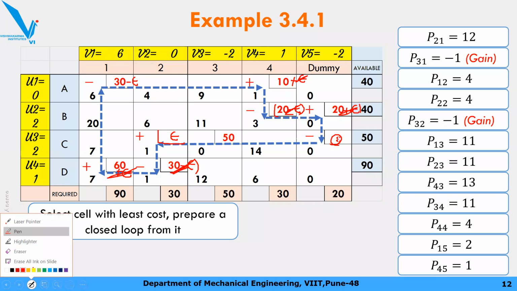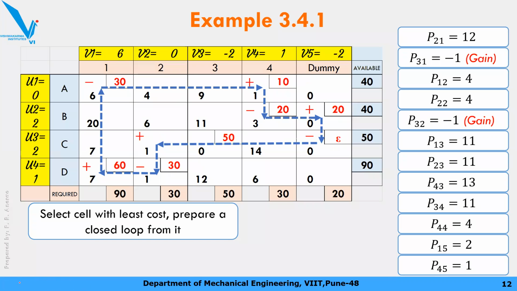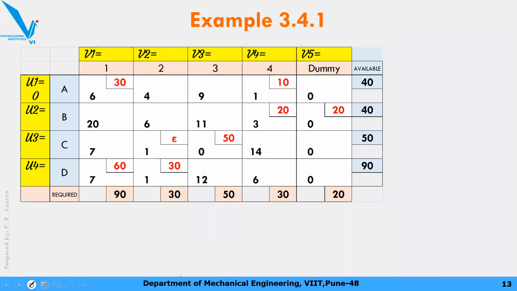Finally you will get the resultant, the final optimized solution, like this. All that has happened is that the epsilon moved to this new location, that's it. If you do the calculation for the transportation cost, it will remain the same, 700.